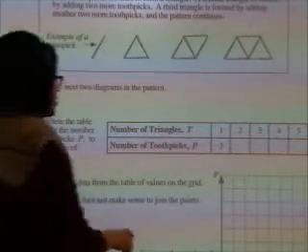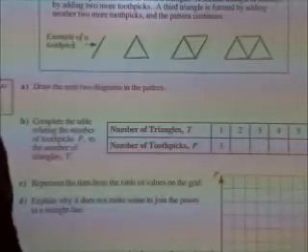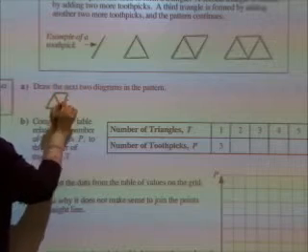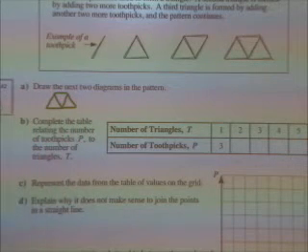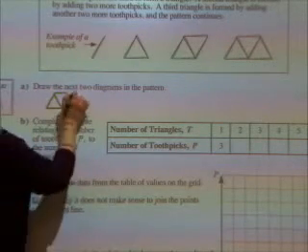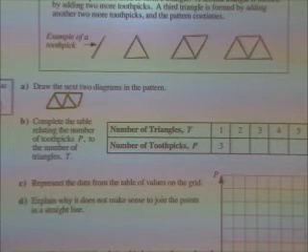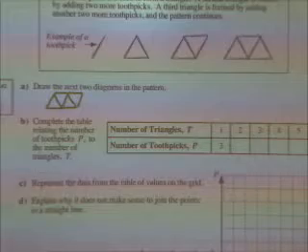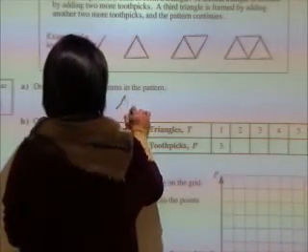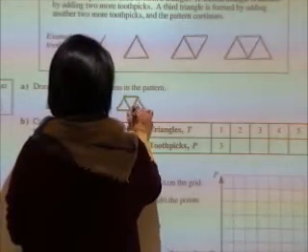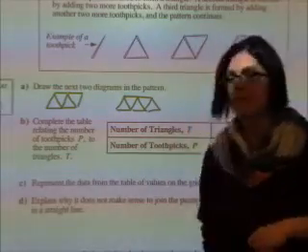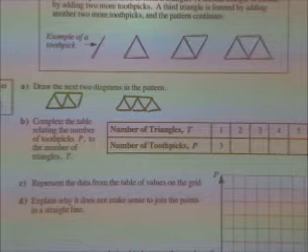So the next 2 diagrams in the pattern: I have 3 toothpicks, then I added 2 more, and then I added 2 more. If I add 2 more toothpicks, that would be the next diagram in the pattern. And then if I did that again and added 2 more, that would be the 5th diagram in the pattern.